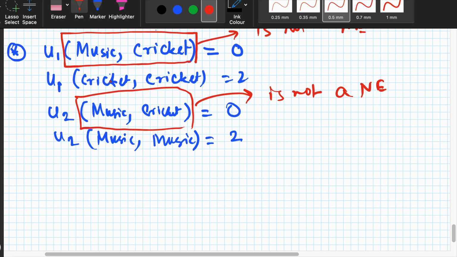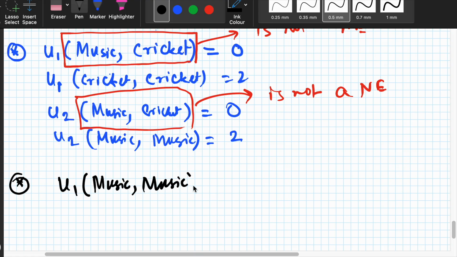Now the next question is whether the last option left, music and music, is a Nash equilibrium. So let's see from the perspective of player 1. Music will give him a payoff of 1.